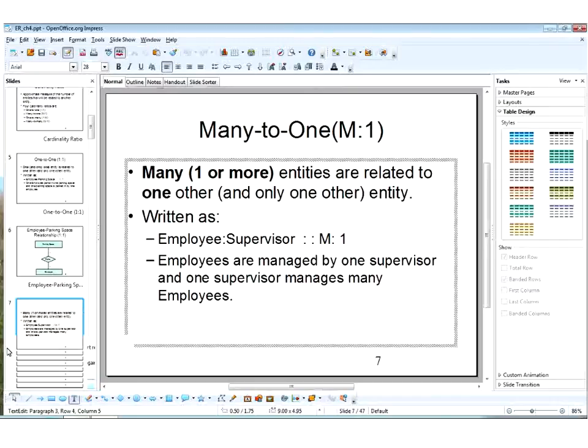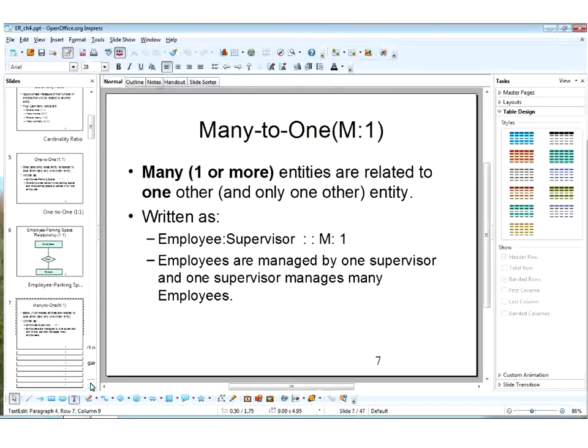You don't have to have everybody managing everybody. You have many go into one. Employees are managed by one supervisor, and one supervisor manages many employees. Or actually, I prefer the active than the passive, but it doesn't matter which way you say it, really. And here we'll have an example.